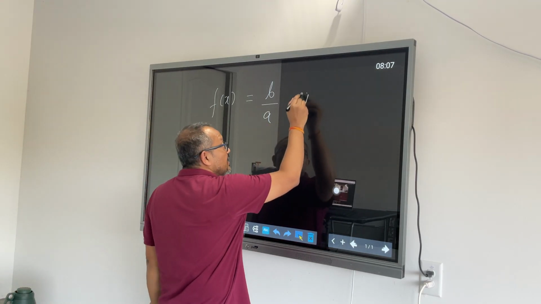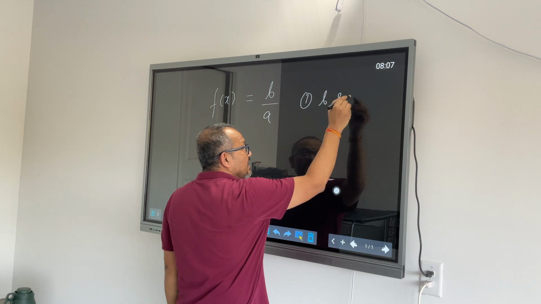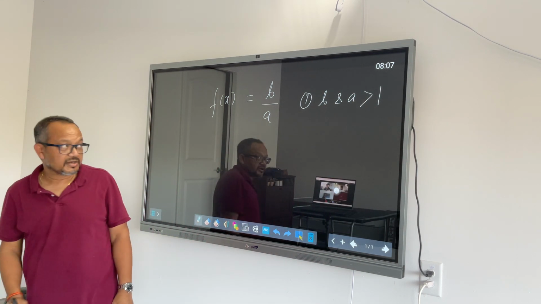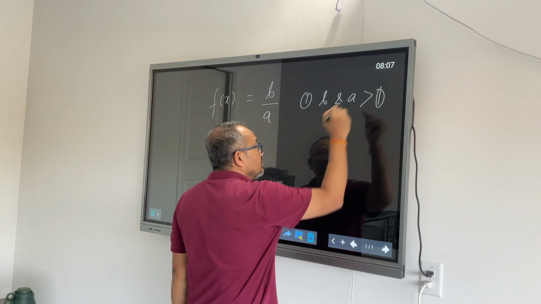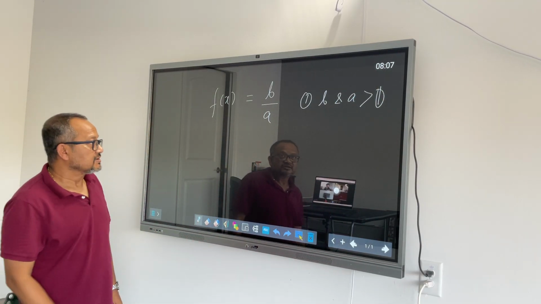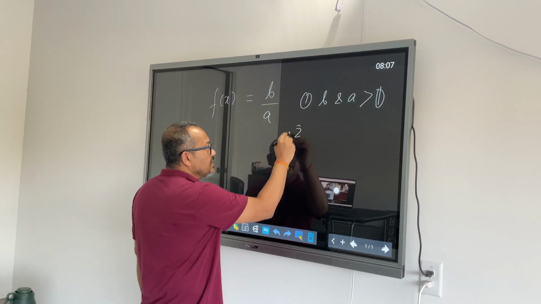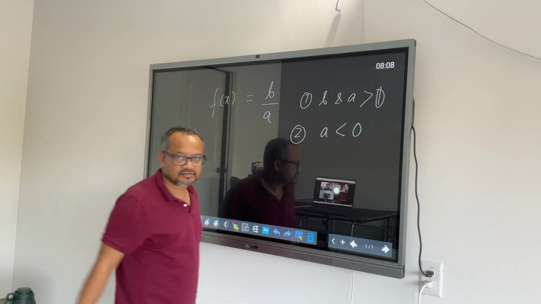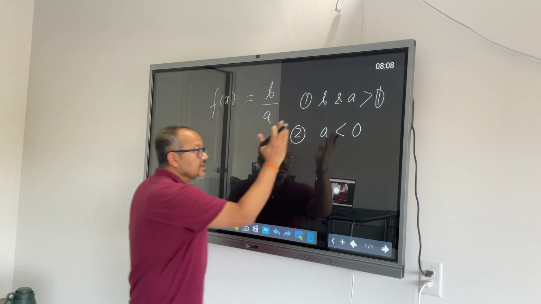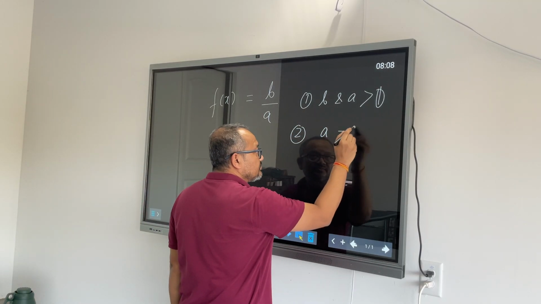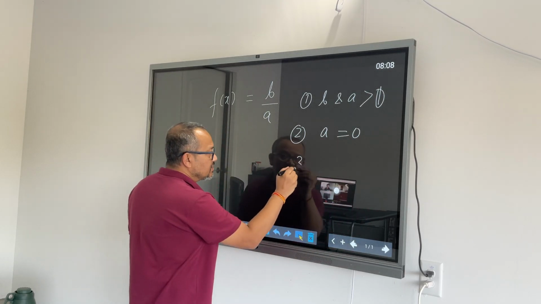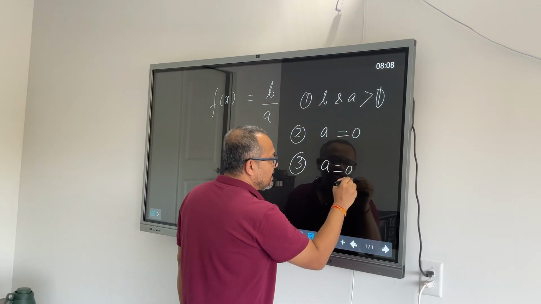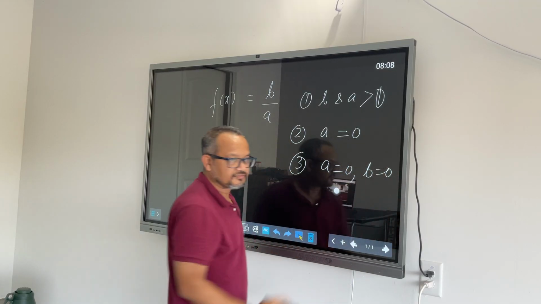One scenario is when b and a both are positive numbers greater than 0. The second scenario is when a is equal to 0. And the third scenario is when a is equal to 0 and b is also equal to 0.